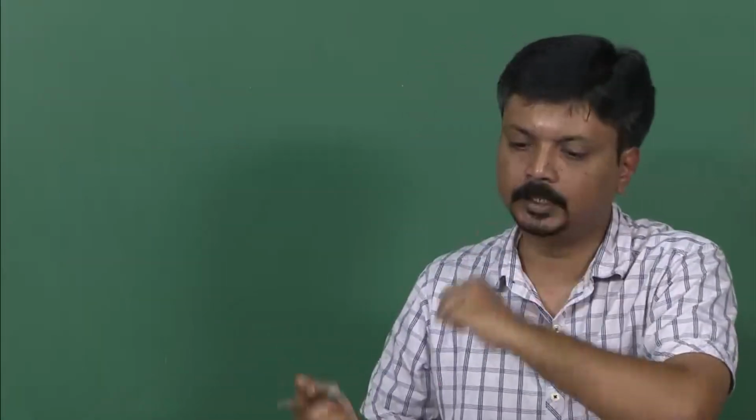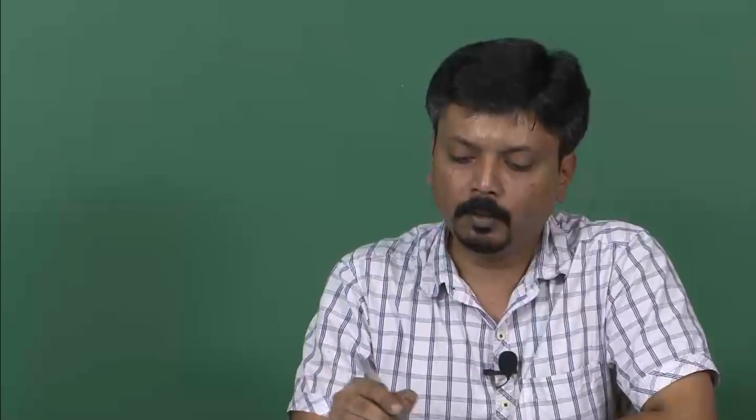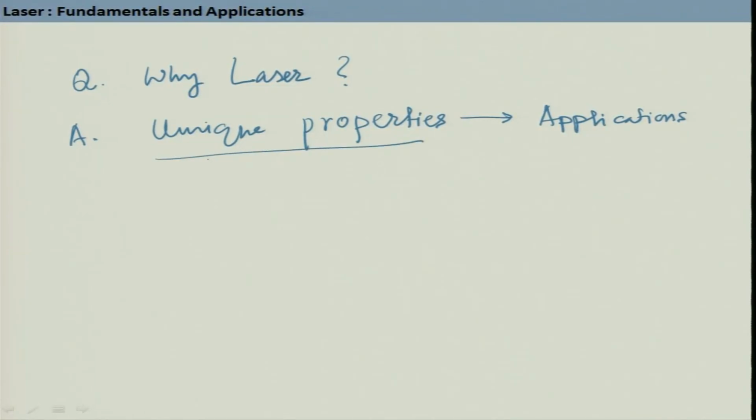So, when I said that the laser has unique properties, what kind of unique properties? We will talk about those properties in greater detail as we progress, but let me tell you a very few things. So, when I talk about these unique properties, we can name a few. First is that laser light has a property which is called monochromaticity.